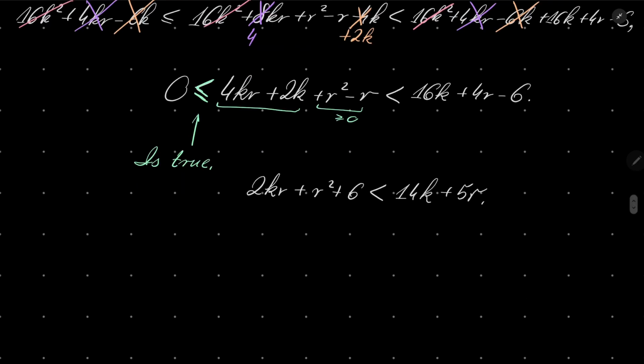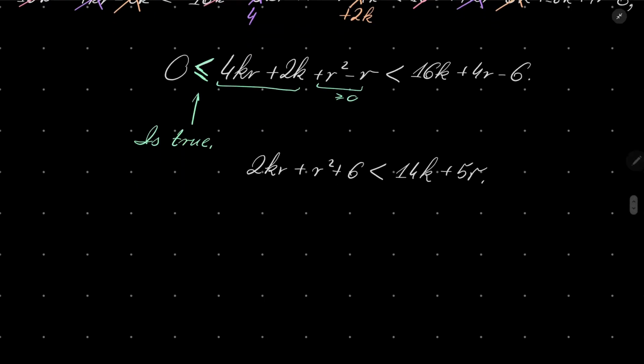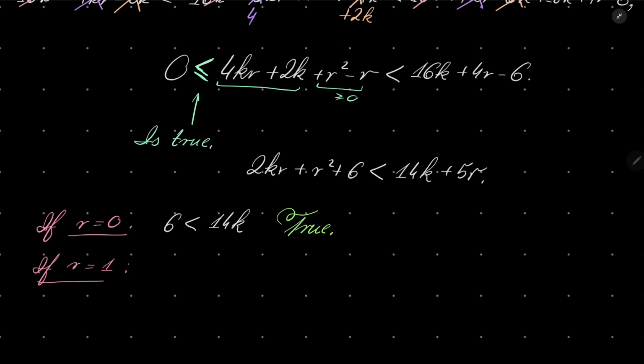And now let's proceed by case, basically. If r equals 0, what do we have then? We have 6 less than 14k. It's obviously satisfied because k is a positive integer. True. If r is 1, on the left-hand side we have 4k plus 7, and on the right-hand side we have 14k plus 5.